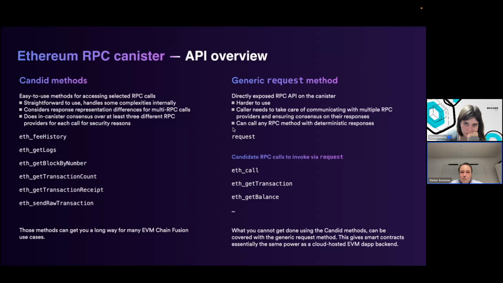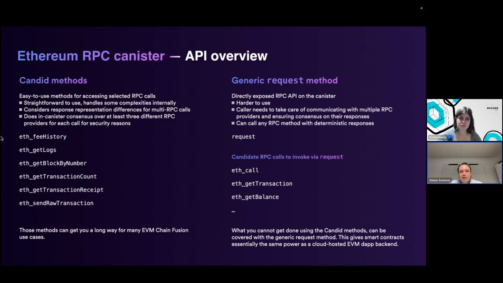But it gives you access to more functions. ETH call might be something very valuable you need for certain integrations. ETH get transaction is another one, and ETH get balance might be another one that's very important. ETH call is maybe one of the most prominent things you might want to do with this function. Over time, more functions might be exposed with the candid API. This is now an MVP, a minimum viable product that you want to get to market quickly, and therefore it doesn't expose all, but only an important subset of the methods as candid methods.